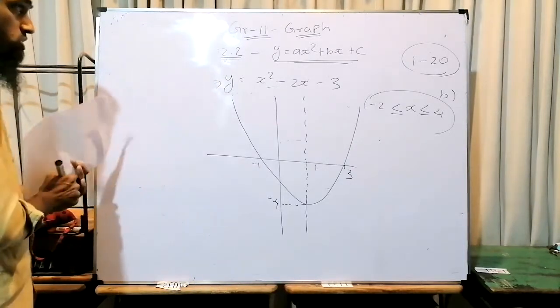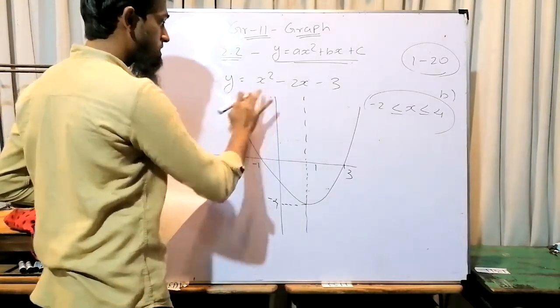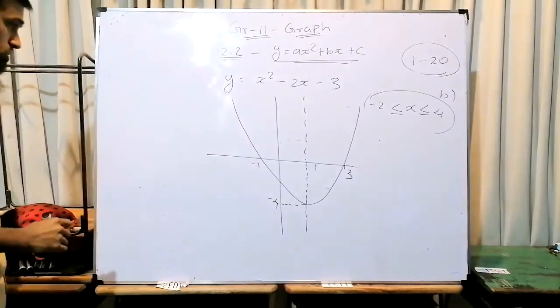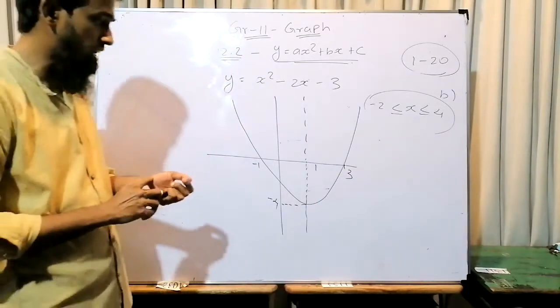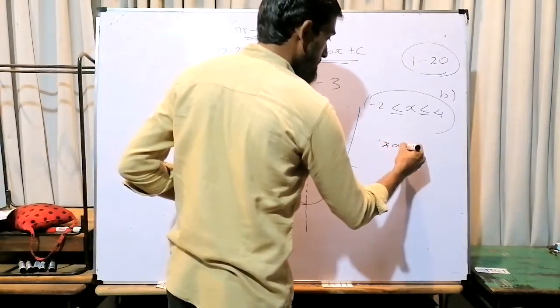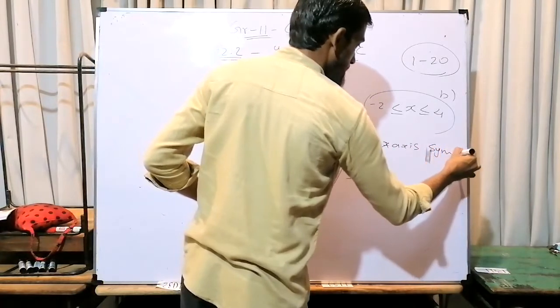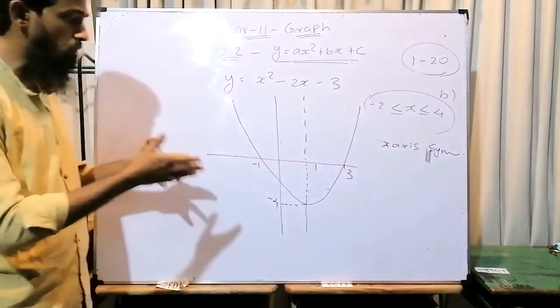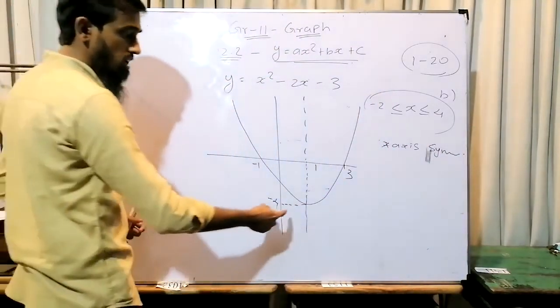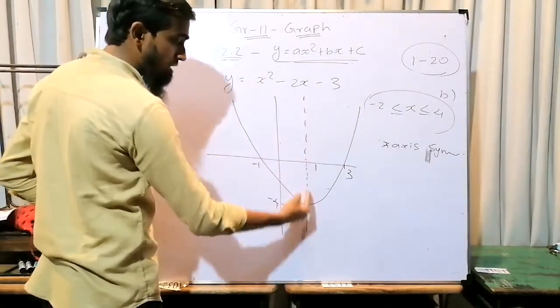So what questions can we have under this type? As I said earlier, the first one is the axis of symmetry. If you draw the graph, you need to draw a straight line through the turning point.